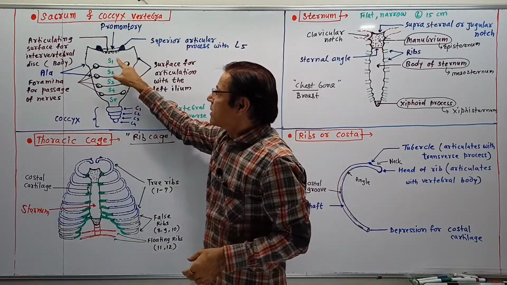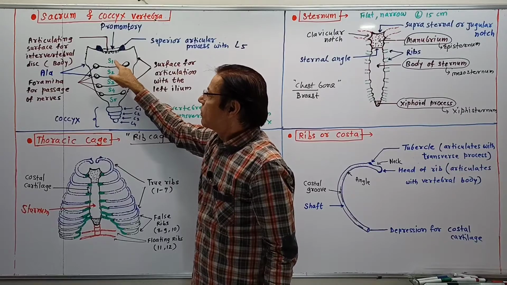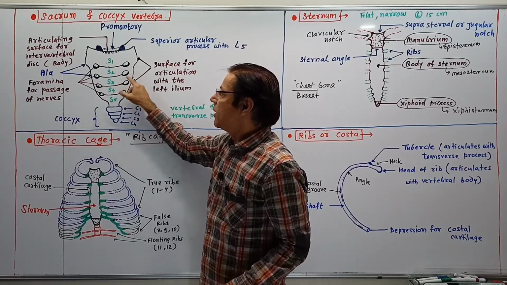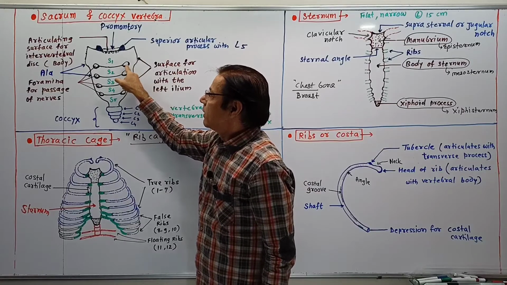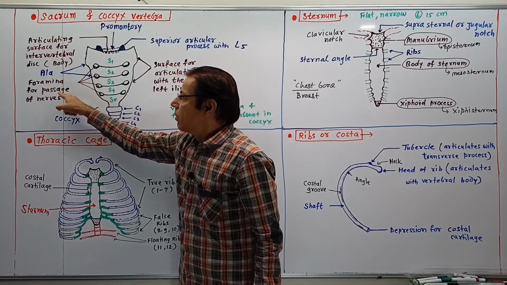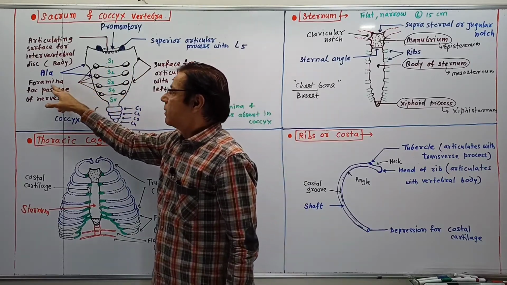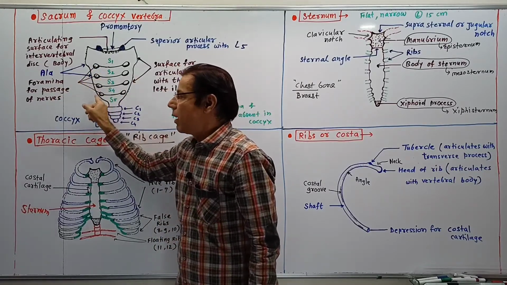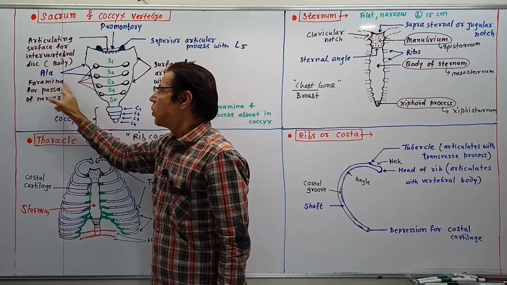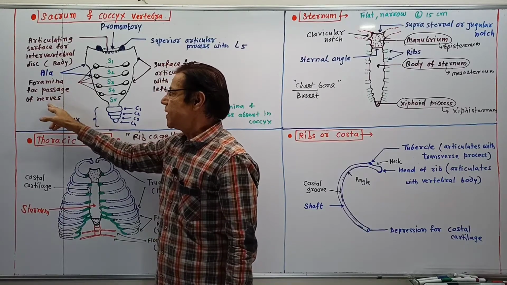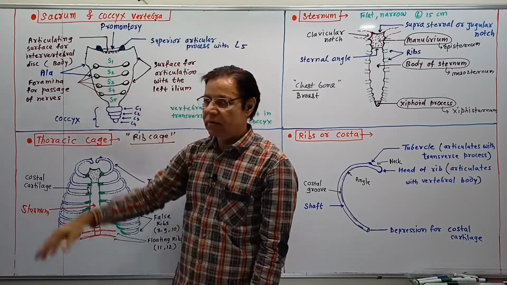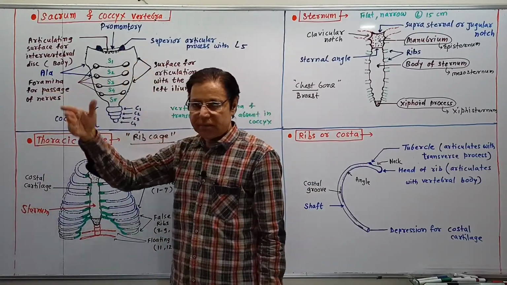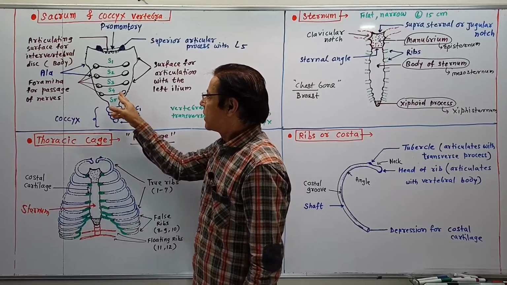In this way, sacrum is a fusion of 1, 2, 3, 4, 5 sacral bones or vertebrae having sacral foramina. There are 4 pairs of apertures, holes called foramina, for passage of sacral nerves coming out from the spinal cord outside the sacrum vertebrae.